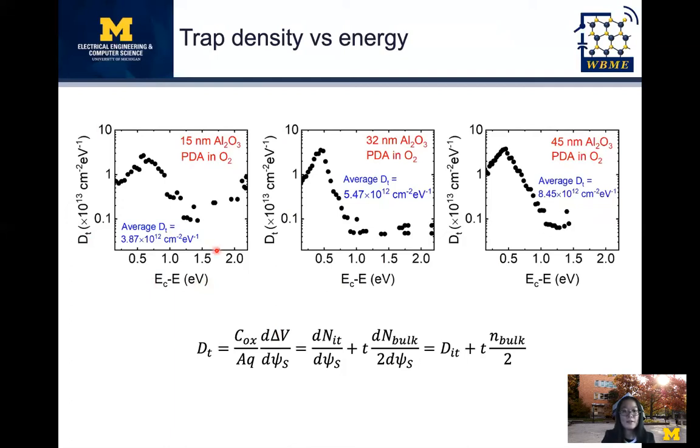And here are the three figures of the Dit as a function of energy with different aluminum oxide thicknesses of 15 nanometers, 32 nanometers, and 45 nanometers. The Dit is a function of the interface state, the thickness of the dielectric, and also the bulk trap.